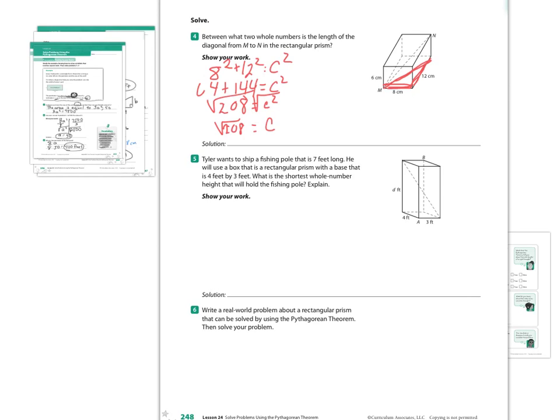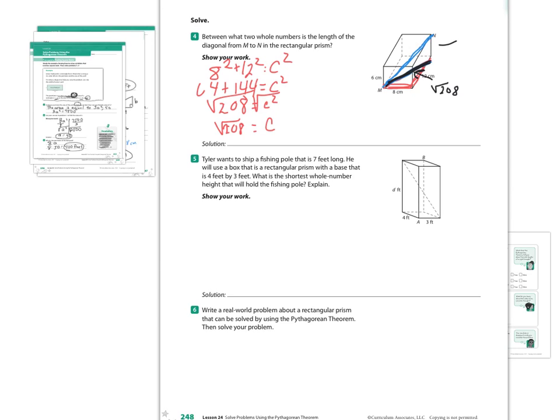We now need to find the length of the diagonal, which is that blue line from M to N. We found the bottom, this leg that I'm tracing right here, and I'll even make it in black. The base of this triangle, what we just found, is the square root of 208.